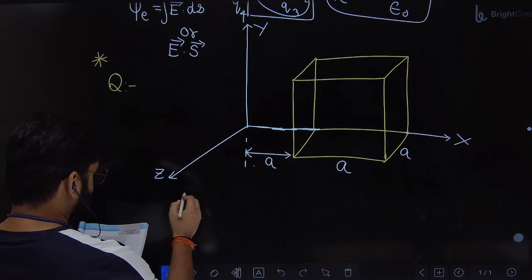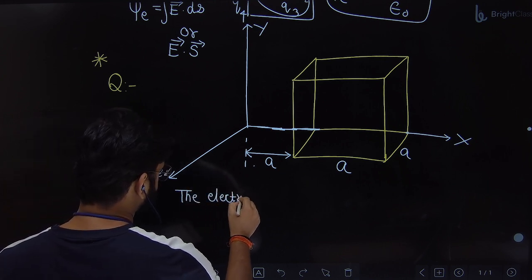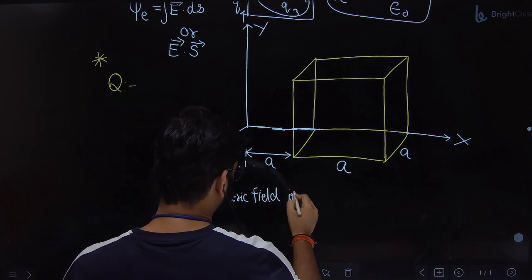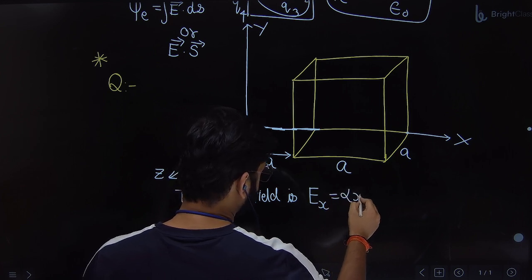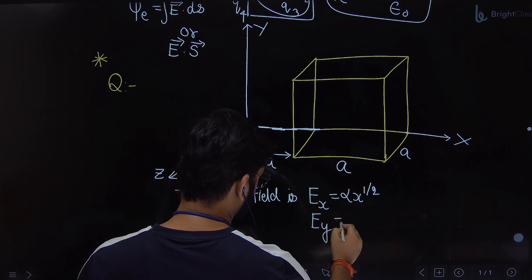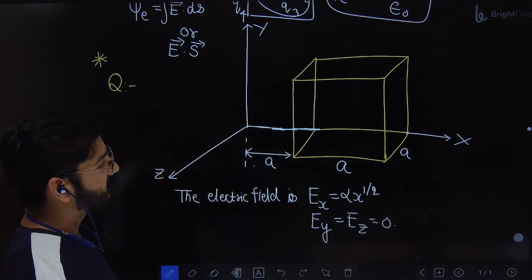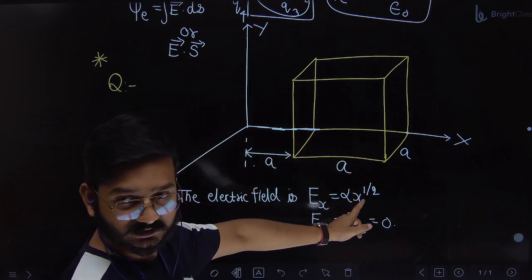Now, the electric field is E of x equal to alpha into x to the power 1 by 2. E of y and E of z are 0. What is the meaning of this? The electric field in this whole region is present only in the x direction.